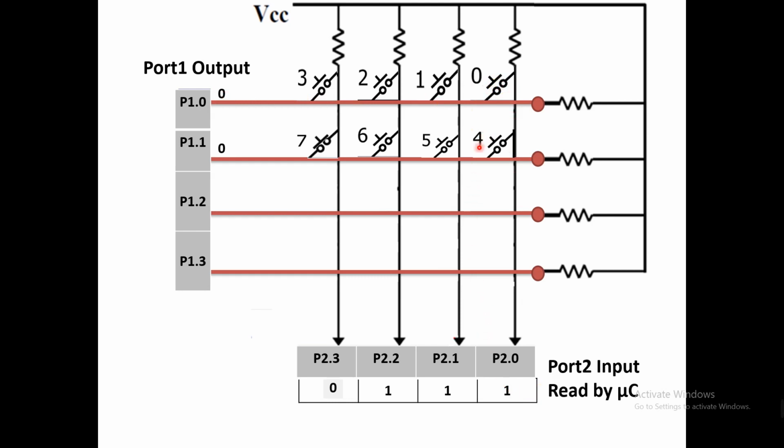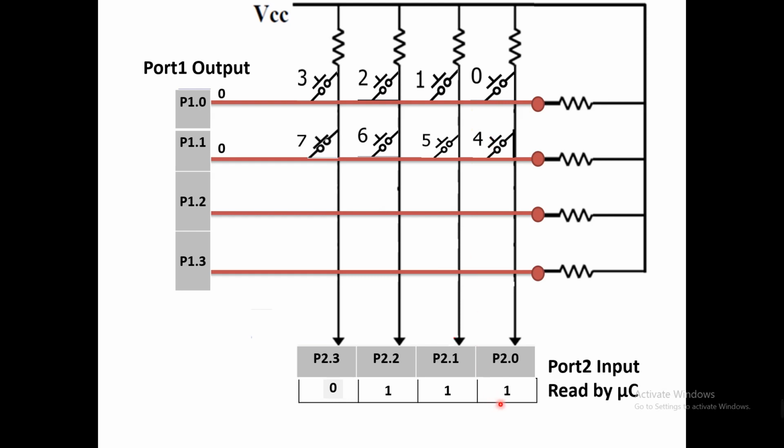Or if we press switch 4, this will also become 0. So we know that if this value is 0, it means either switch 0 or switch 4 is pressed, but which one is pressed, I don't know. You can only say that if this is 0, either this is pressed or this is pressed.